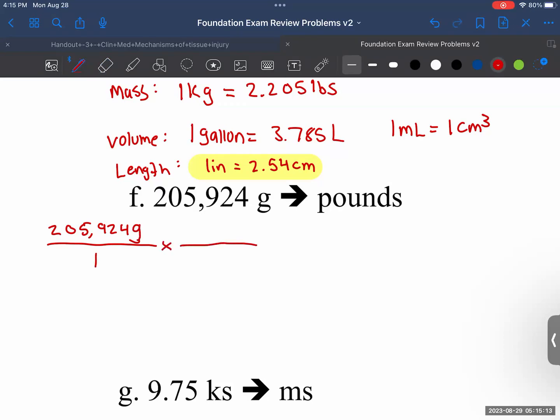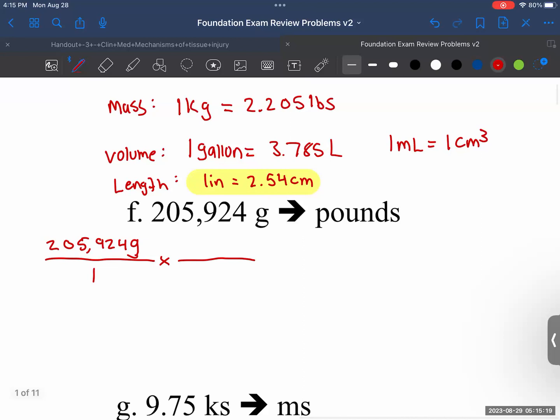What should we do next? Kilograms, right? Because if we're dealing with mass, and the one conversion that I memorized, because I'm not going to memorize all hundreds of them, is this one, then we need to get to kilograms so that we can go to pounds.